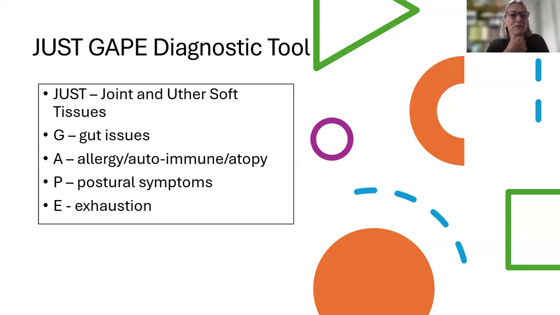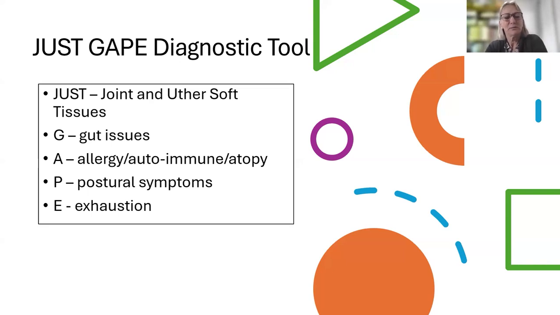And then G for the gut issues, A, allergy, autoimmune, or atopy. So looking at all of the food, medication allergies, autoimmune illness. Does this person have rheumatoid arthritis or Crohn's or any of these sorts of things? And then atopy is things like asthma, eczema, hay fever, that kind of group of related conditions.